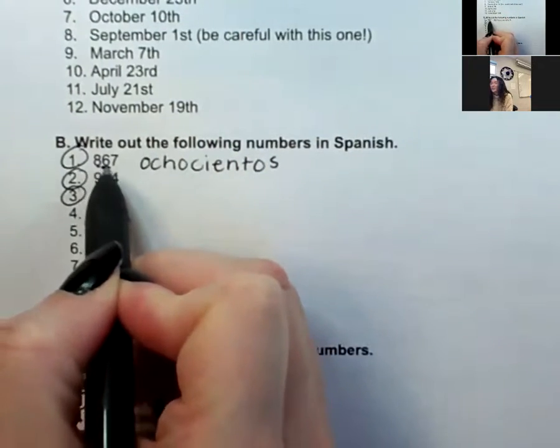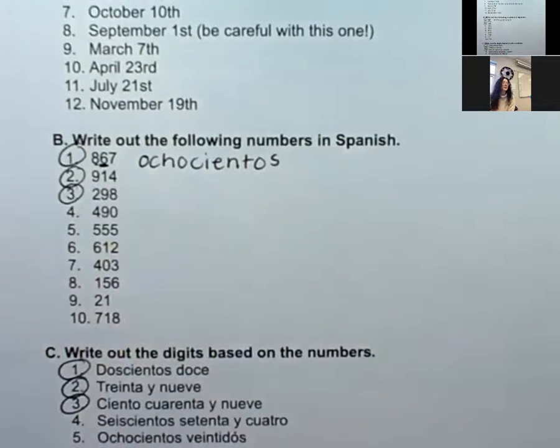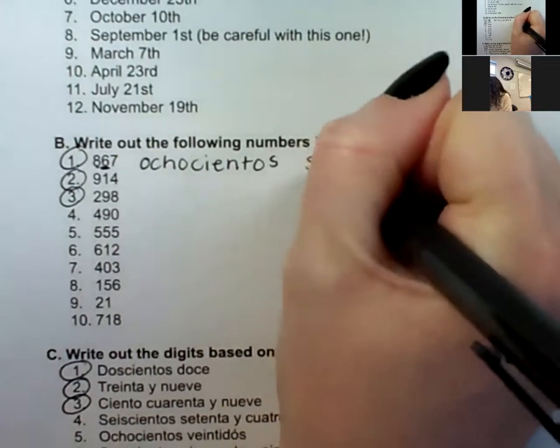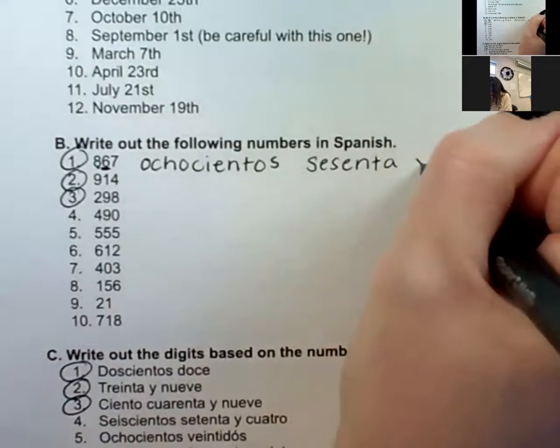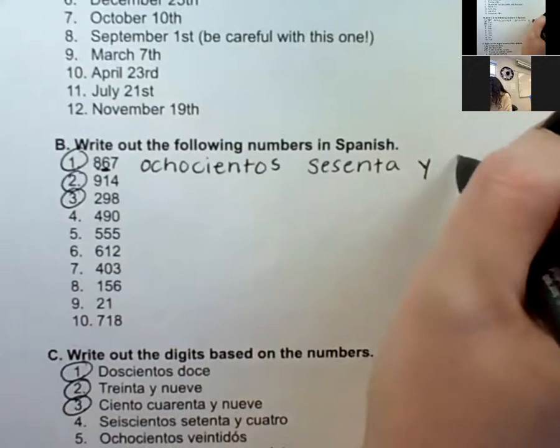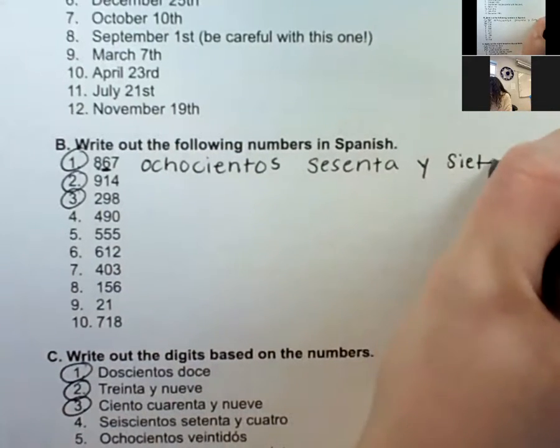And then we move over to 60. So who can type in the chat? How do I say 60 in Spanish? Sesenta. Yes, ma'am. We have sesenta. Then we have y 7.